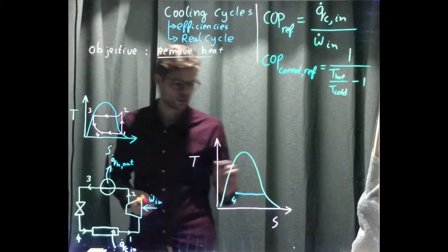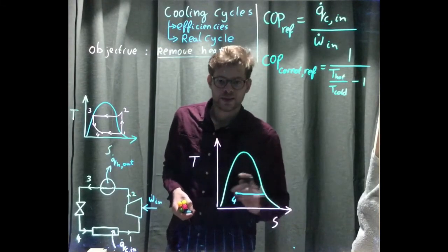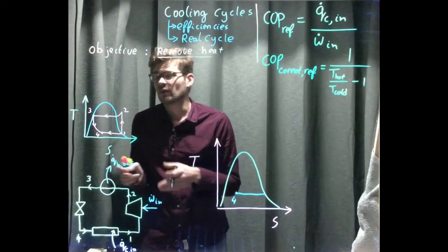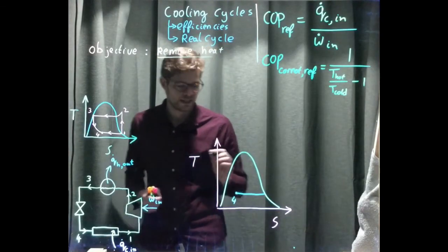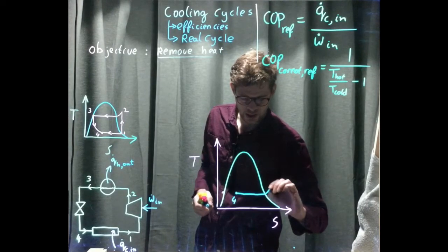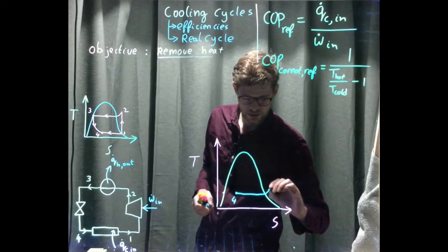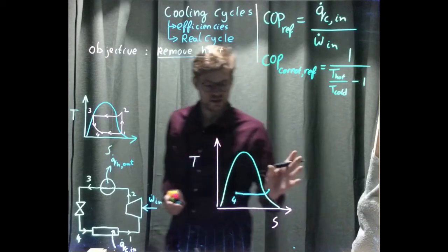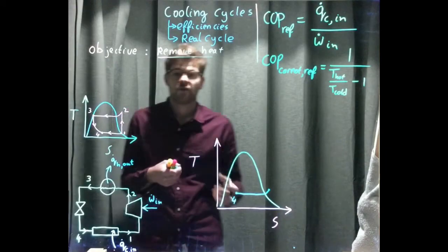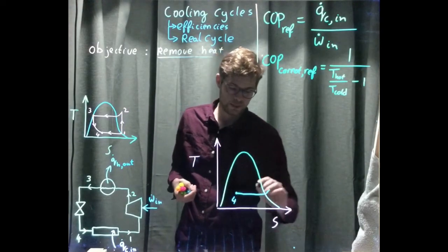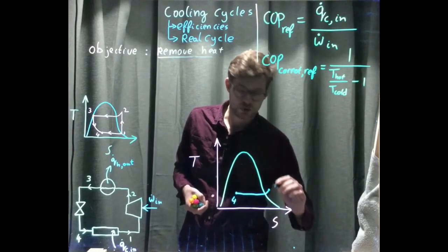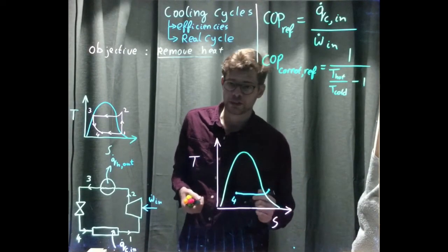The pressure will change. And one of the differences between an ideal cycle and a real cycle may be that we end a little higher in the vapor dome. While evaporating, my fluid may become a little more superheated. So we may have a superheated vapor.